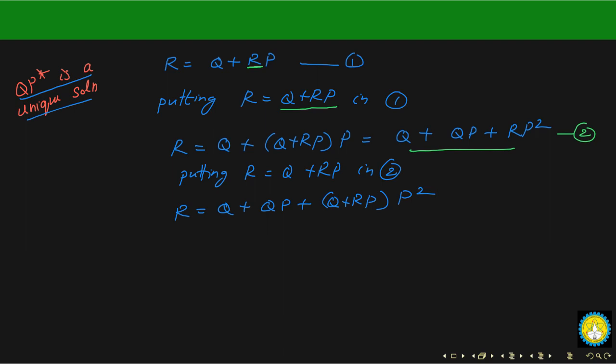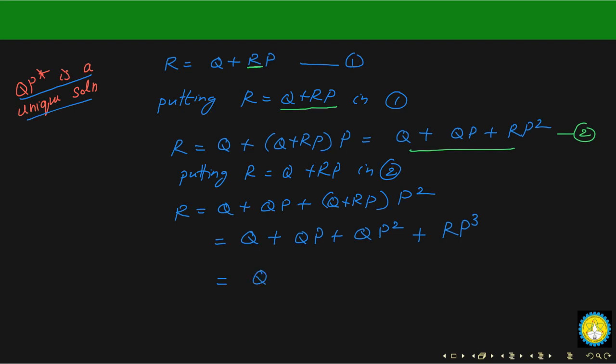That is going to be Q plus QP plus, now if you concatenate, QP squared plus RP cube. Now if you generalize, again putting back R equal to Q plus RP, this is going to be a series.